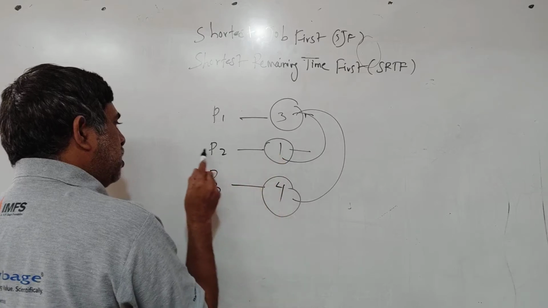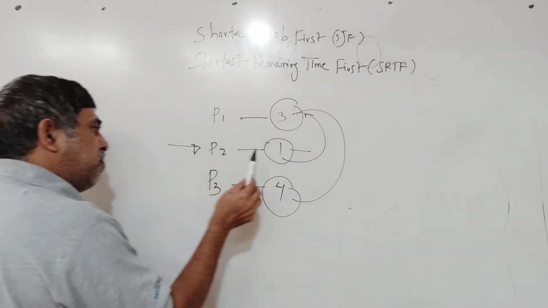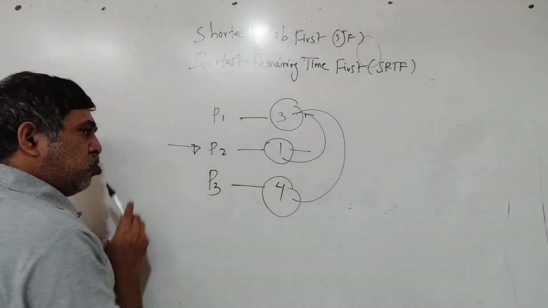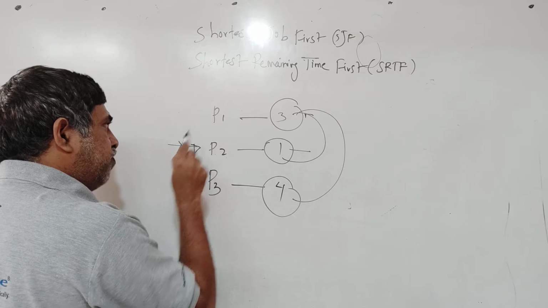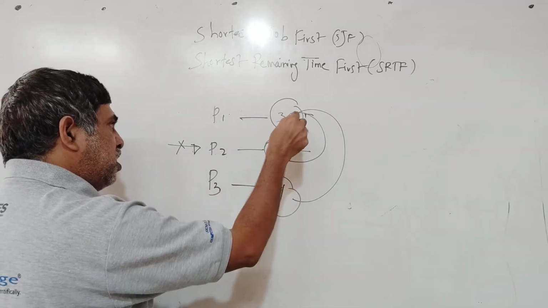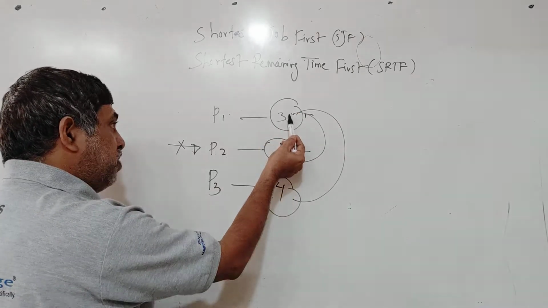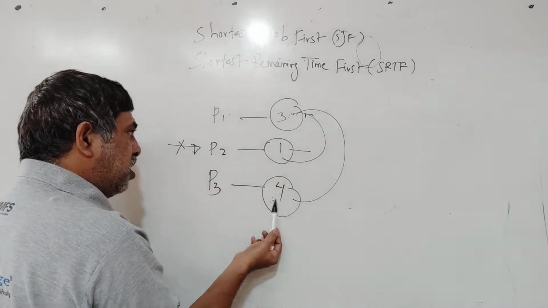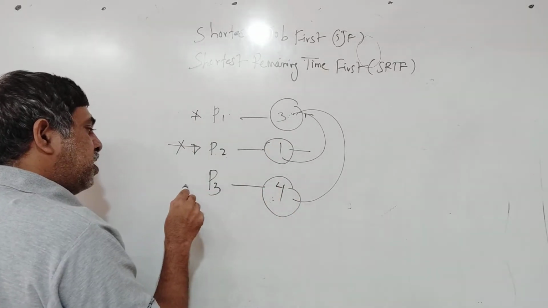Being the smallest process that requires the minimum time for execution, P2 is chosen first. Then once P2 is over, P1 and P3 remain. Out of P1 and P3, P1 needs lesser time in comparison with P3. So P1 is taken up for execution, and once P1 is done, P3 will be taken up for execution.